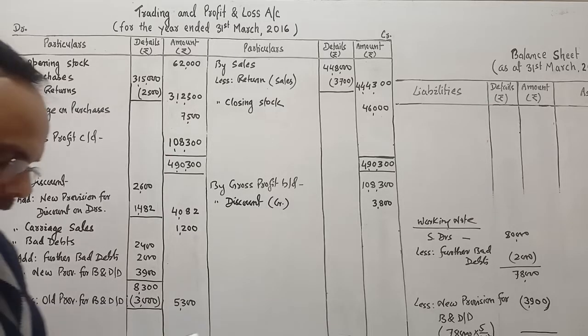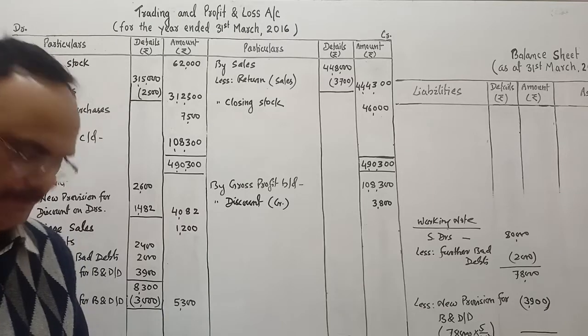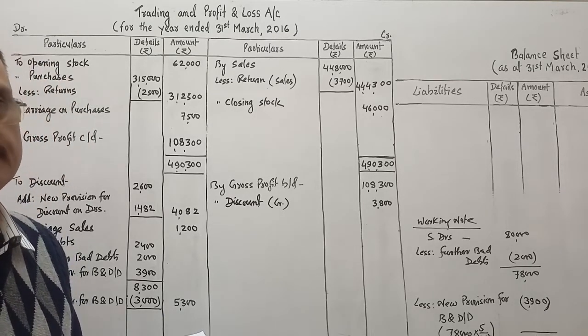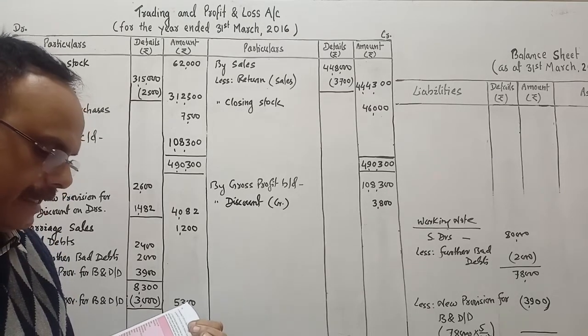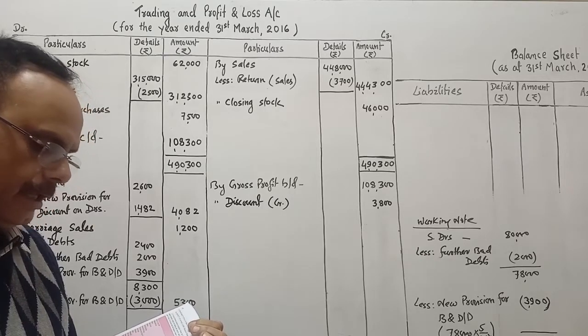Regarding rent, one piece of information is given in adjustment number 5. Rent is paid at the rate of 1,000 per month. So per month rent is 1,000, and in the trial balance rent is given as 10,000.